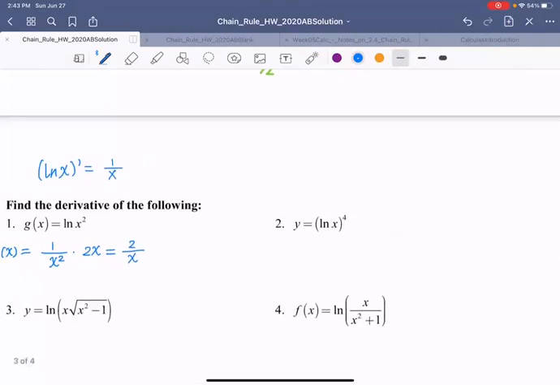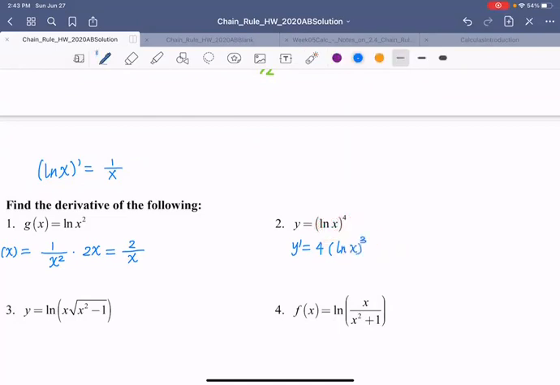You can do one more, number 2. y prime equals 4 times 1 over... 4 times what? This time the layer here is somebody to the power of 4. You copy down this, you change 4 minus 1, this is 3.